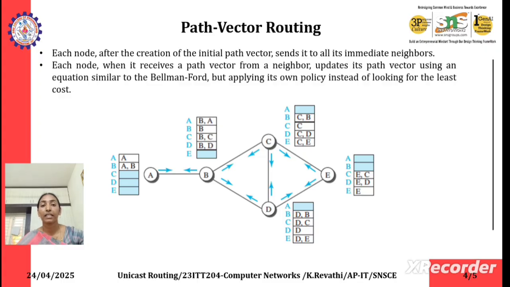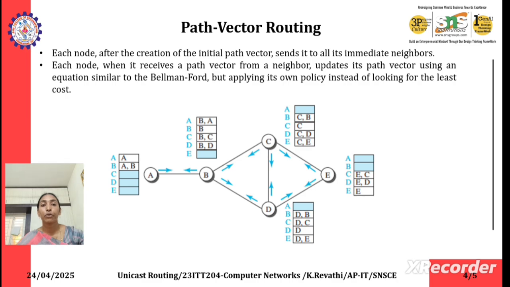So that distance is infinity for now, and D is also like that, and E also has an unknown distance, because there is no direct path between A and E.